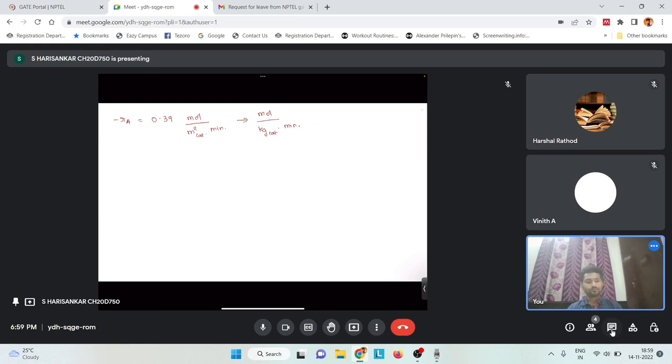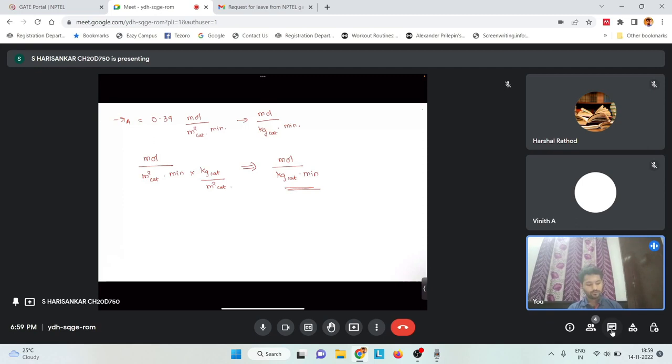So how we can do this is, let us just write the units: mole per meter square catalyst per minute. Now if we multiply this by kilogram catalyst and then divide it by meter square catalyst, then we'll get the new unit as mole per kilogram catalyst per minute, right?